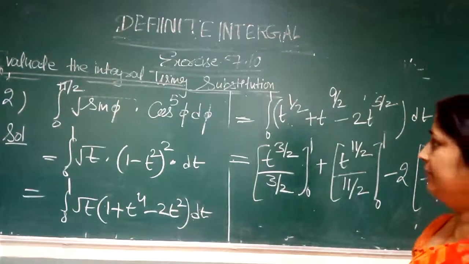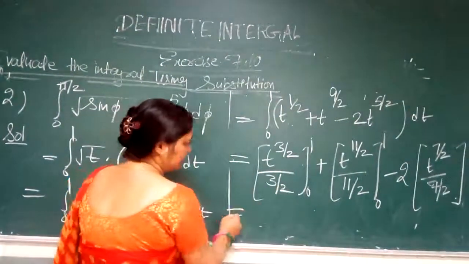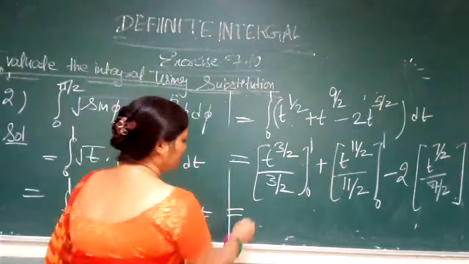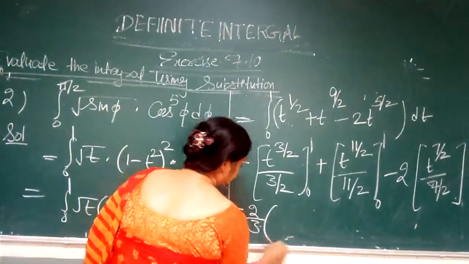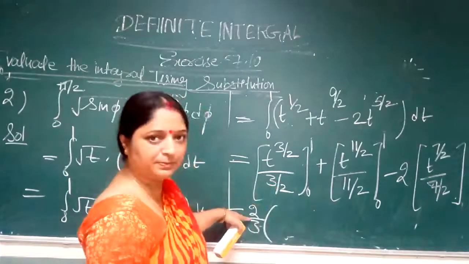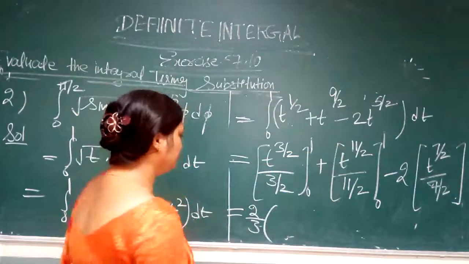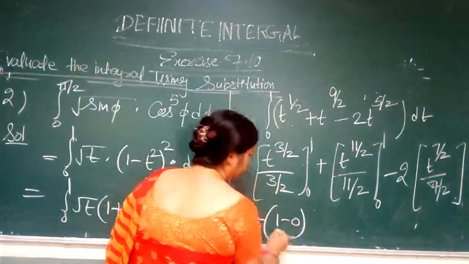Now we will apply the limit. After applying the limit, students, what is the value? 2 by 3 will come here, upper limit minus lower limit. Upper limit is 1, 1 to the power 3 by 2 is 1, minus 0.